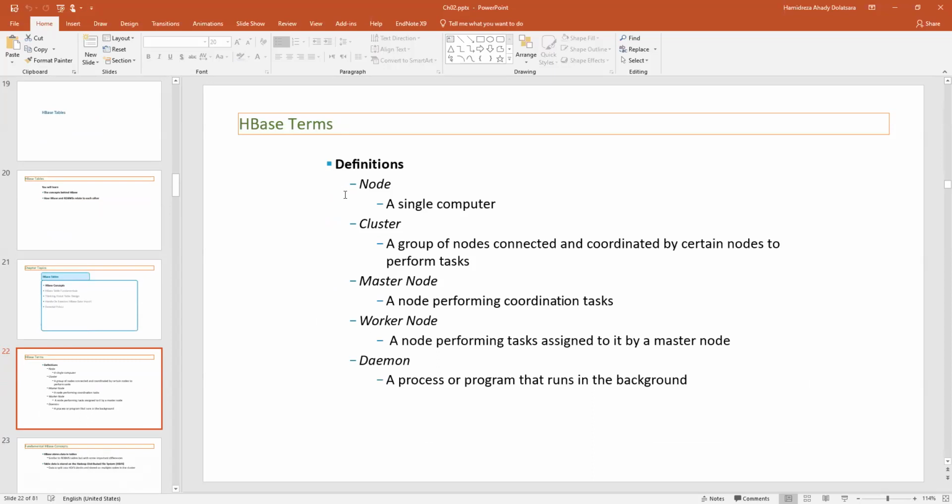Worker node: a node performing tasks assigned to it by a master node. Daemon: a process or program that runs in the background. You might remember when we installed Hadoop and typed the start-yarn command, you saw messages saying that this daemon or that daemon is running in the background.